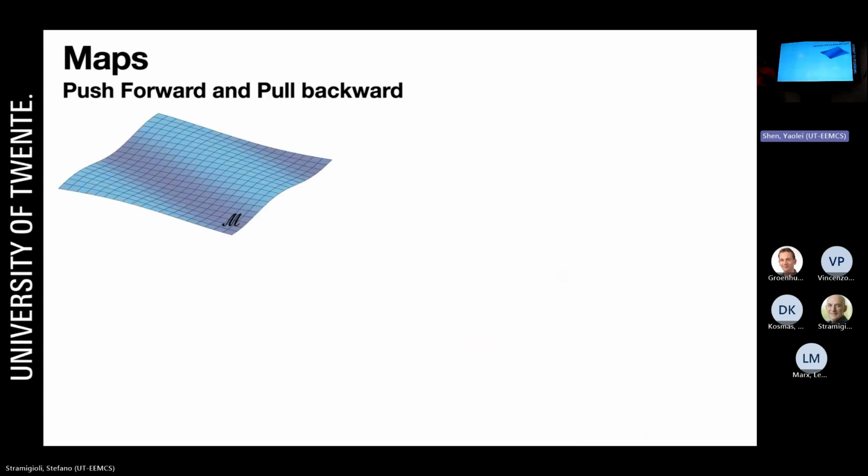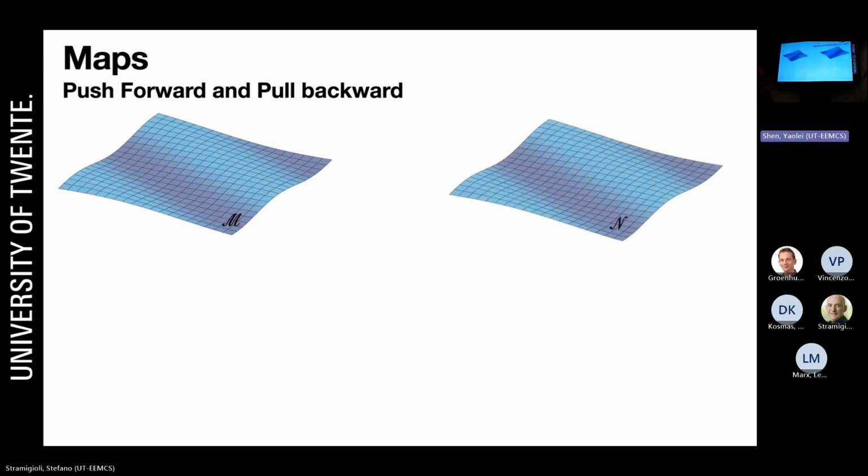Now we go to a concept which will be used all the time in robotics: a nonlinear map. If you have two manifolds and a map between them, and this map is smooth. Why can you talk about smoothness? Because if you have a chart here and a chart there, you can express the relation between the Rn's, and everything is diffeomorphic. If that map is smooth, then you call this map smooth.